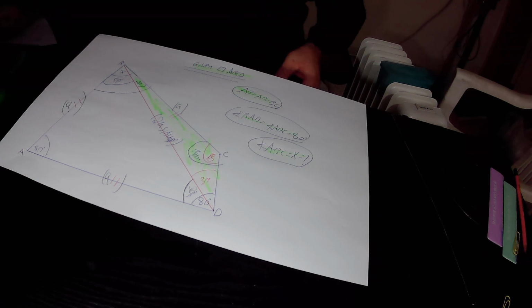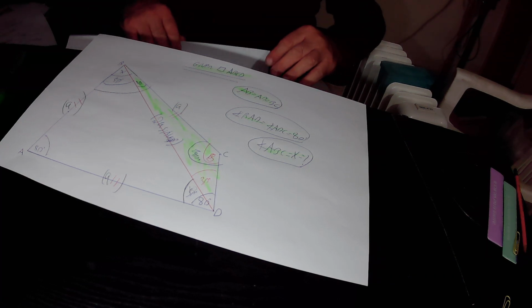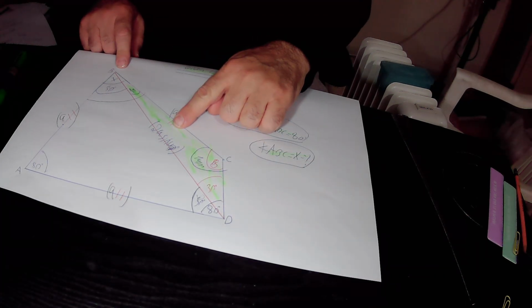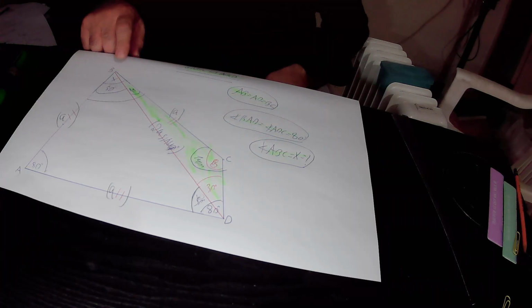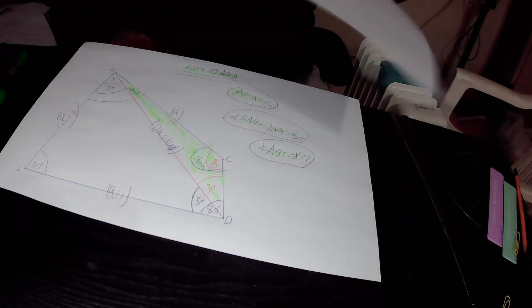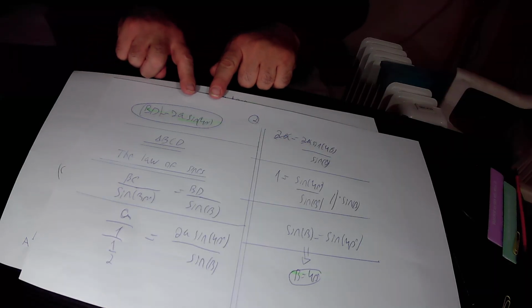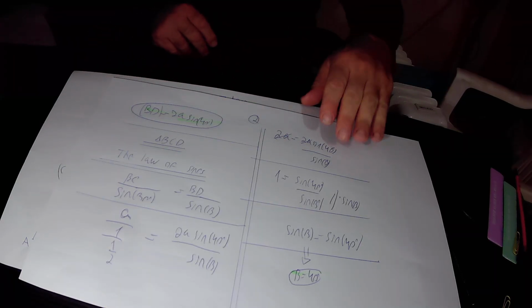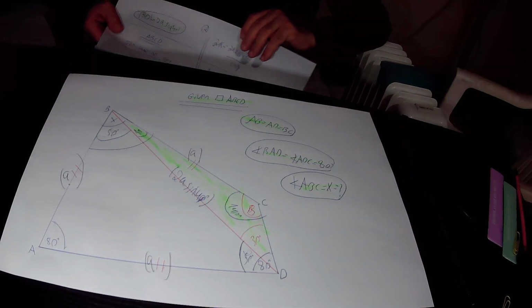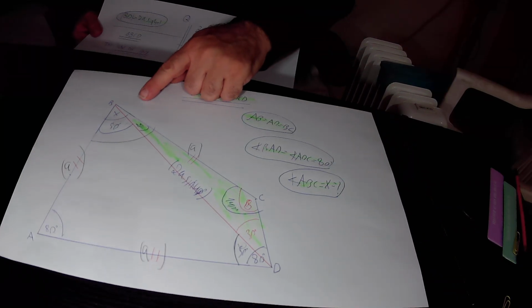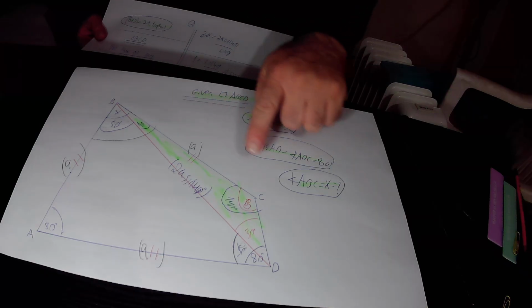The missing side BD equals 2 times A times sin 40 degrees. In the next step, we implement the law of sines in this upper green triangle BCD.